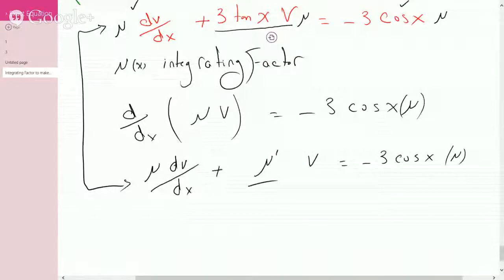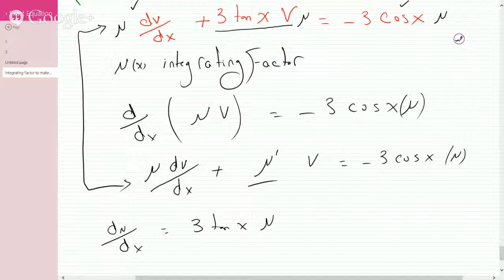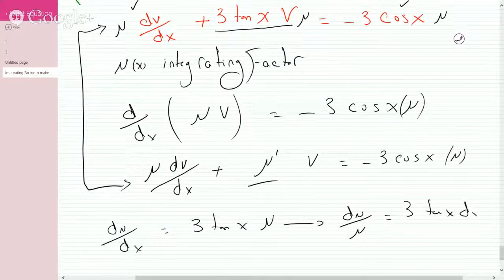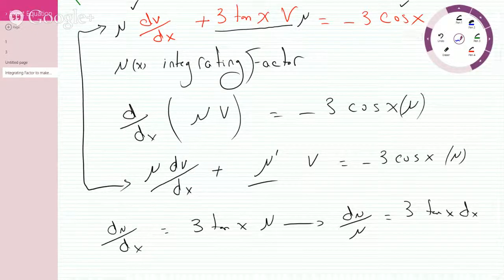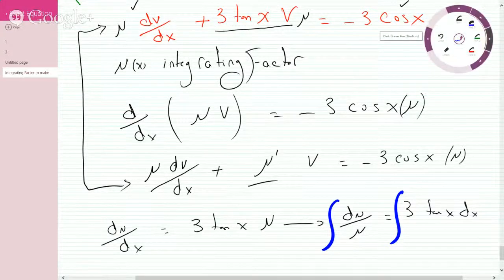So that means d mu over dx has to equal 3 tan x times mu, separation of variables, so d mu over mu will equal 3 tan x dx. And now we can put integral signs here and here to carry over the integration.